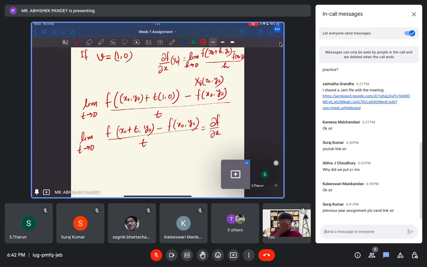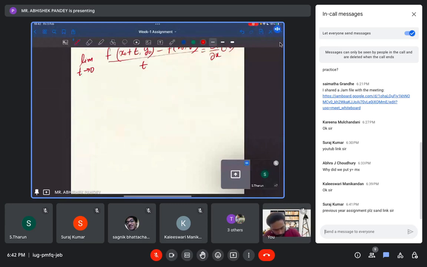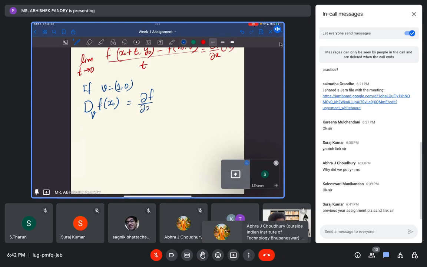Okay, so now let me write precisely. If v equals to 1 comma 0, meaning the unit vector on x-axis, you will get dv, the directional derivative of f at x naught in the direction v, is nothing but the partial derivative of f with respect to x at point x naught.